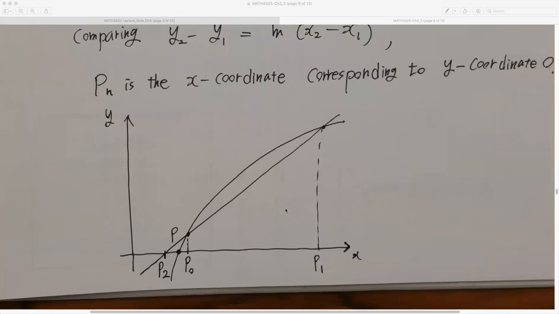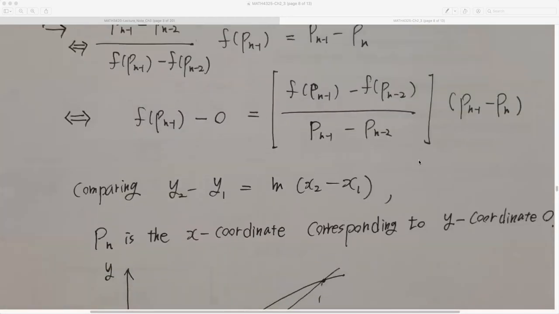Starting from p 0 and p 1 given, we're going to find the secant line passing through p 0 and p 1. And then we're going to find the x coordinate of the x-intercept of that secant line.